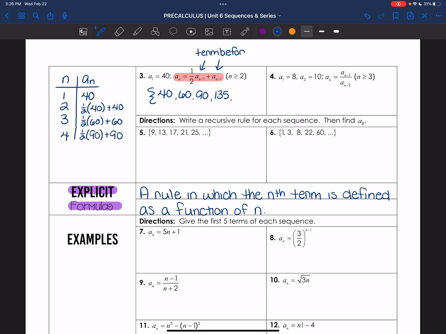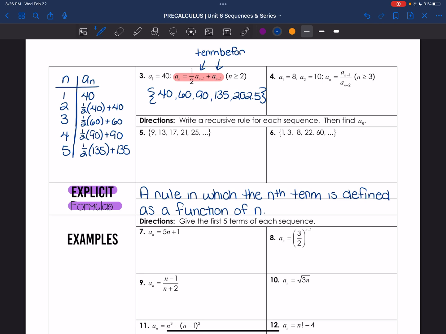And we've got one more. What is that fifth and final term going to be? All right, we should have half of 135 plus 135. And with a little bit of help from your calculator, you'll find that to be 202.5.